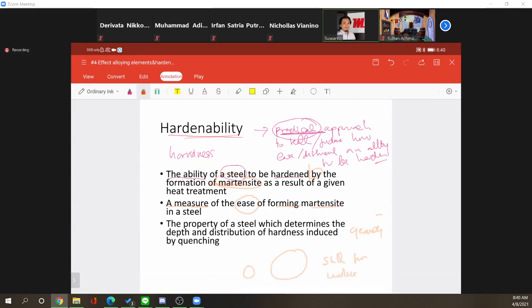If you have a large size, then the martensite is only on the surface and the core is not martensite. So the size which is fully martensite, we call this the critical size, and this also tells you about the hardenability of the alloy. Some alloys can only be a very small diameter like this, others can be a big diameter like that.